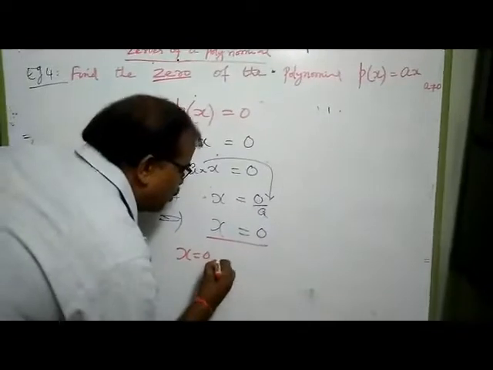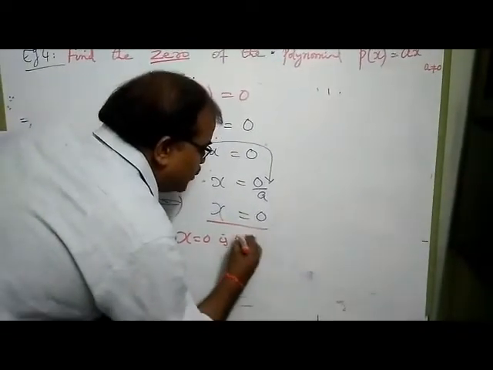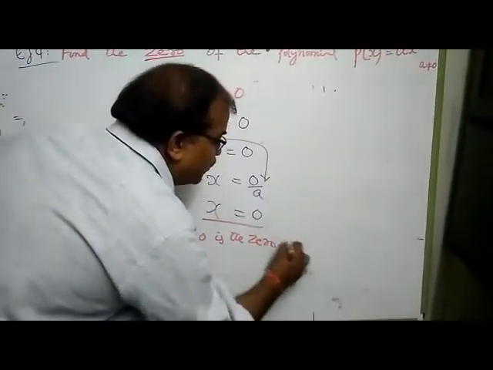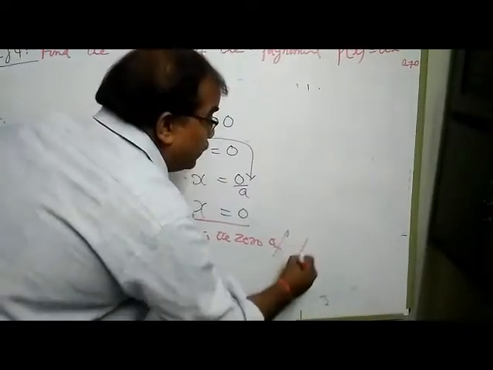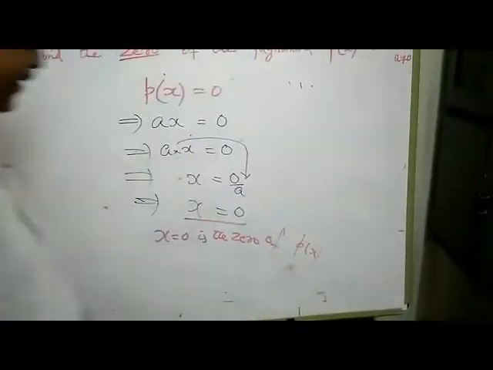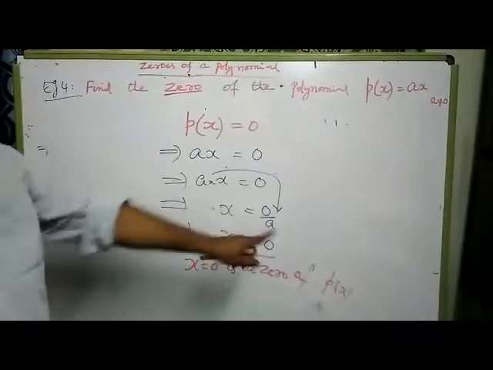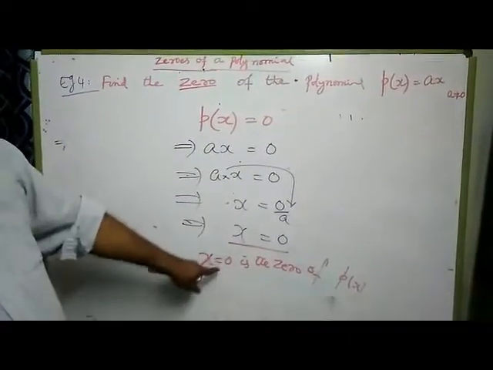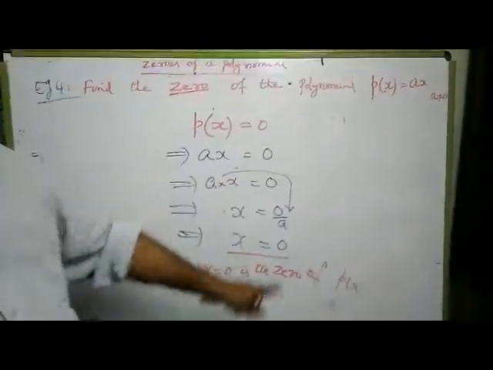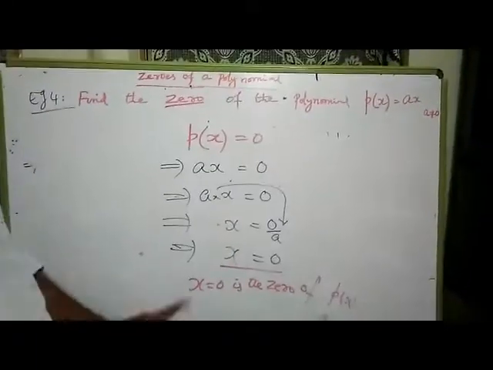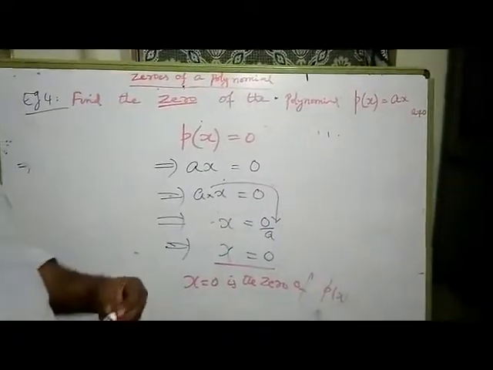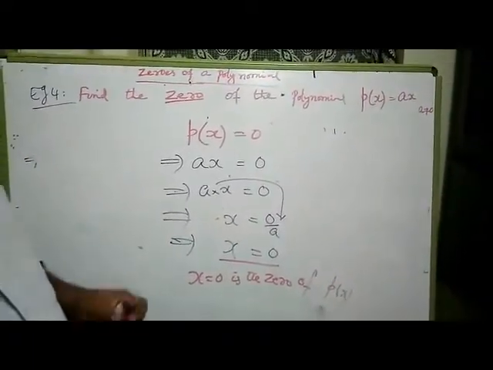X is equal to 0 is the zero, or root, of the polynomial p of x. In this case, x is equal to 0 is the zero of the polynomial p of x.